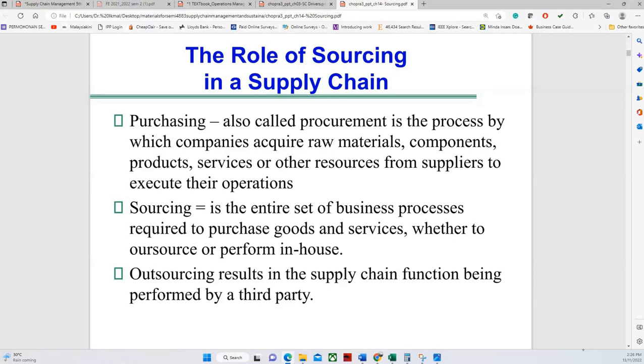And then the third one is outsourcing, which results in the supply chain function being performed by a third party. When we talk about outsourcing, we talk about a third party. So who is your third party? Normally vendors, maybe subcontractors. Let's say, for example, you are not keen to invest in the preparation of some components of your products.